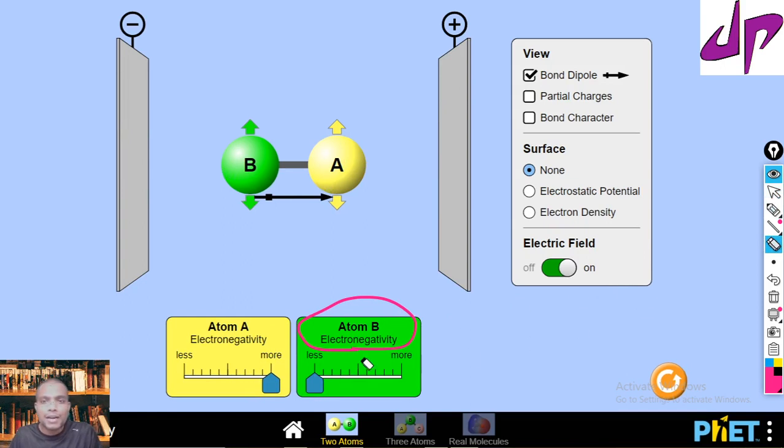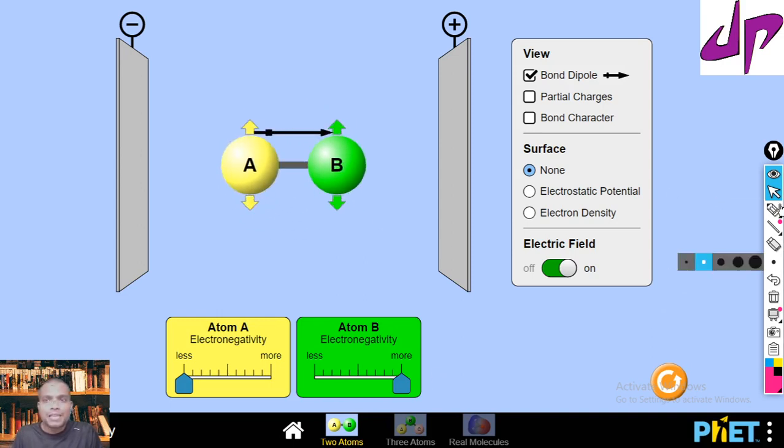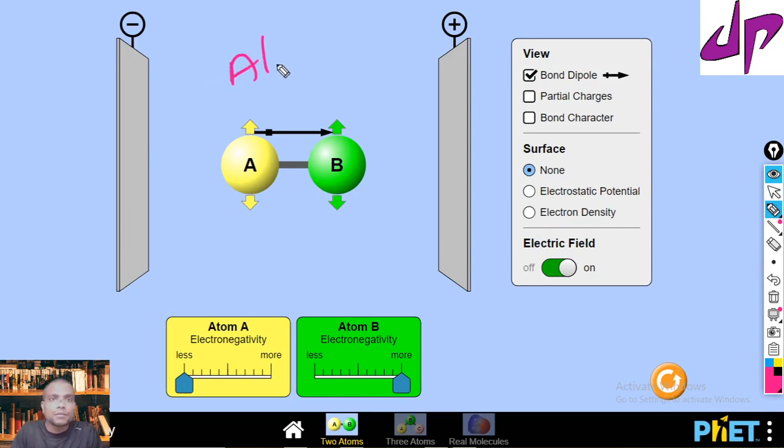Now if I take A less and B more, atom B is more negatively charged, and that more negatively charged atom wants to attract the positive plate. Again the molecule is aligned, or changes its position or rotation. Now the molecule is aligned in the presence of the electric field. Now here you can see the dipole moment.